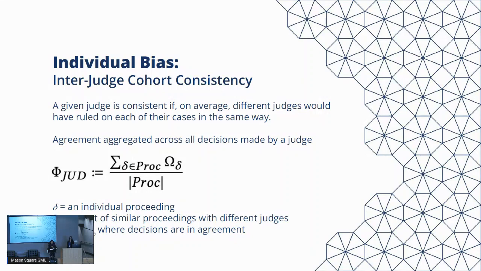We computed this for each proceeding represented by delta by finding the subset of proceedings, proceeding subdelta, where the judge was different, and finding the proportion of agreement from that. Then we averaged this value into omega subdelta across all the decisions made by a given judge and created a cumulative score for them.